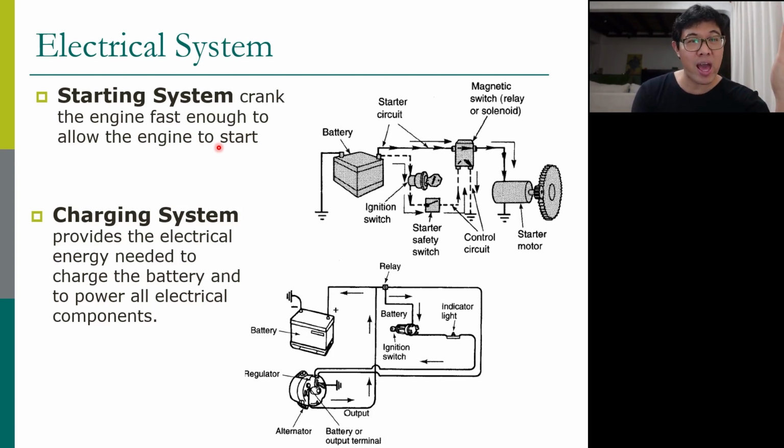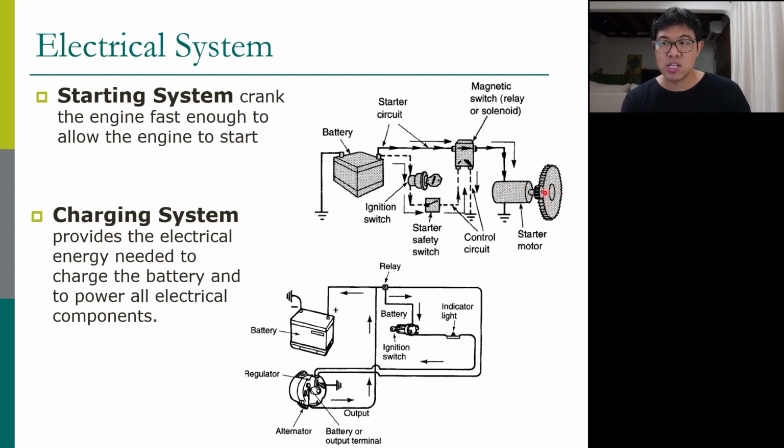But before that, for the intake and compression strokes, you have to find a way to create those two strokes, or rotate the engine. So you rotate the engine using this starter motor. It is a small motor, about this size, that connects to the engine flywheel, the engine shaft.